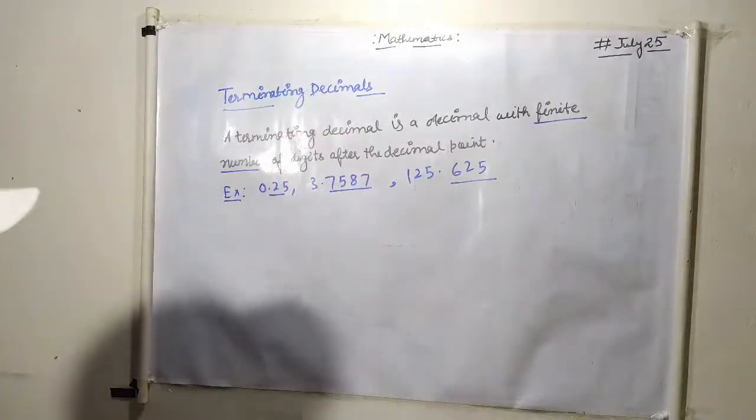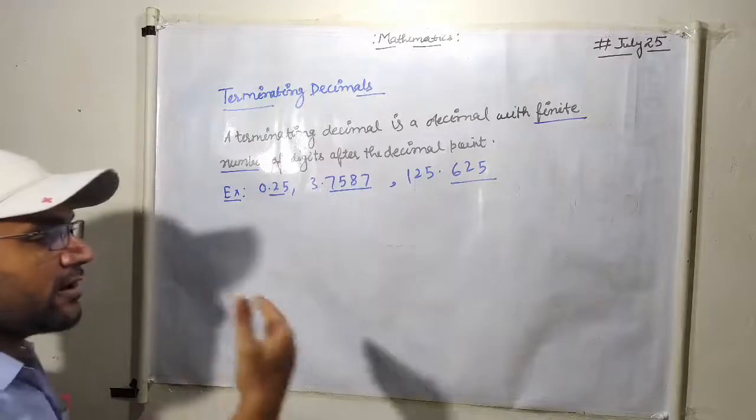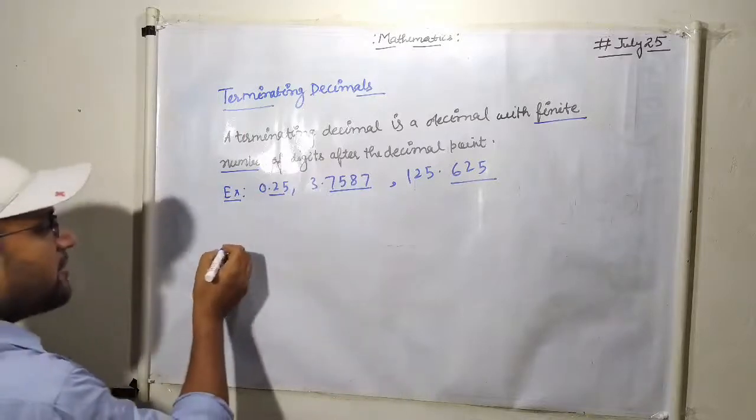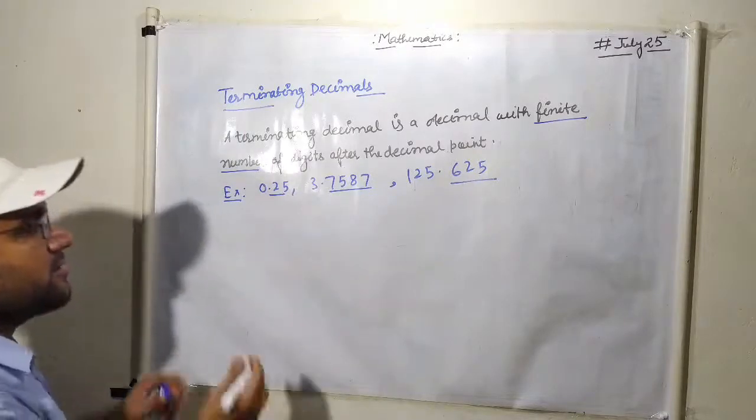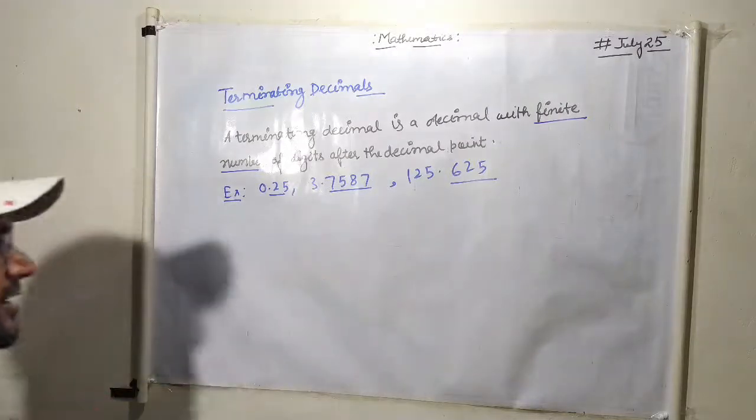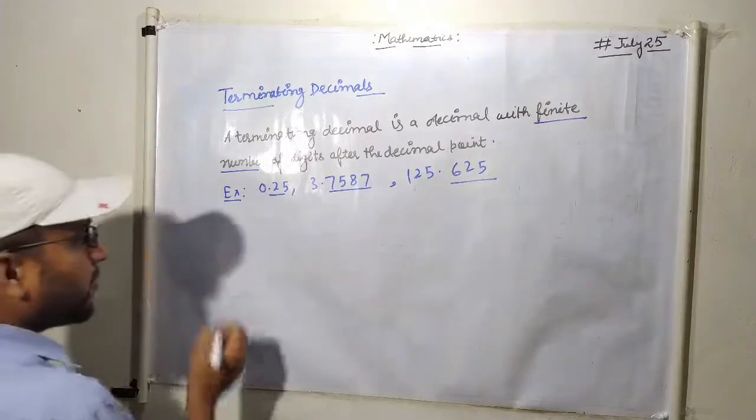But students, this is the example, but how will you convert a rational number or a fraction into a terminating decimal? This one is very important.